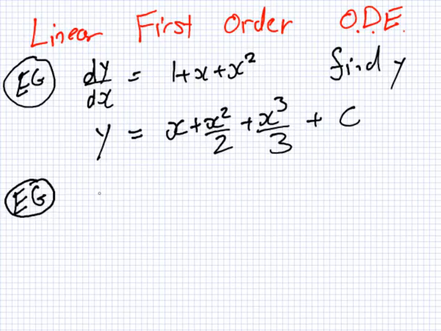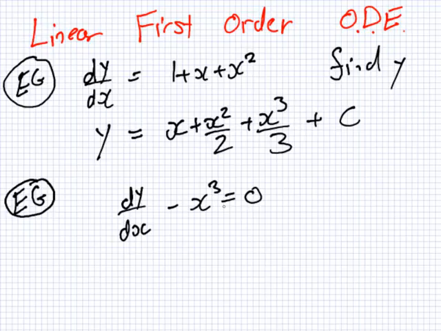So, for example, we could have a problem that's a little bit more difficult. If I tell you that the derivative minus x cubed equals 0, you don't have to do too much, but you do have to do something to simplify before you can integrate.